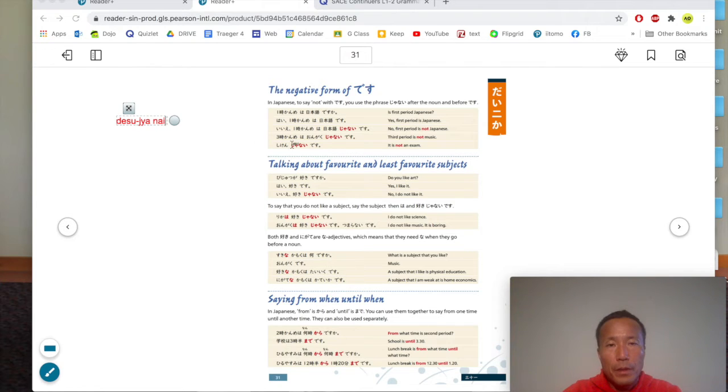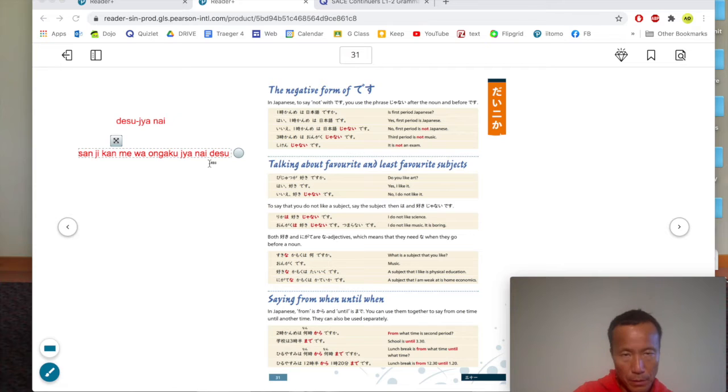For example, let's go with this fourth one. It says 3時間目は音楽じゃないです. Wow, that's a beautiful sentence. 3時間目, period 3, は topic marker, 音楽 music, じゃない, negative form of this, so it's not.